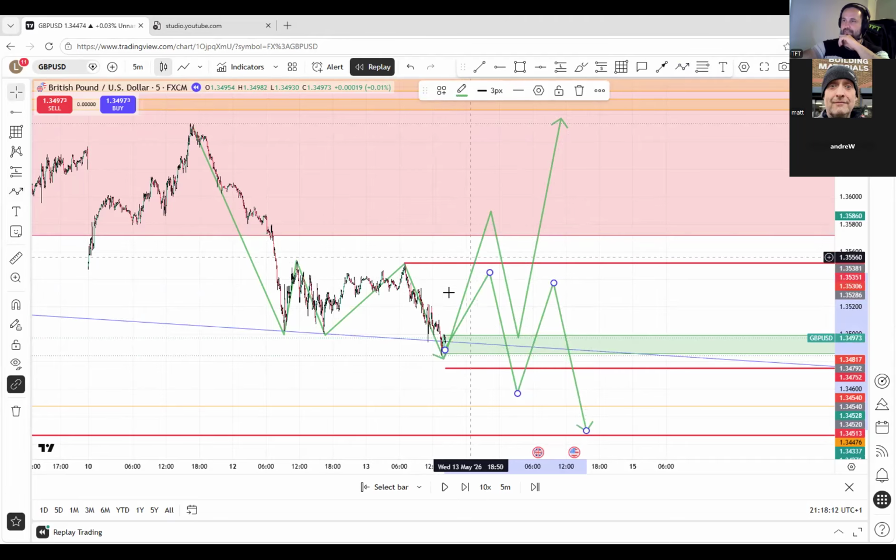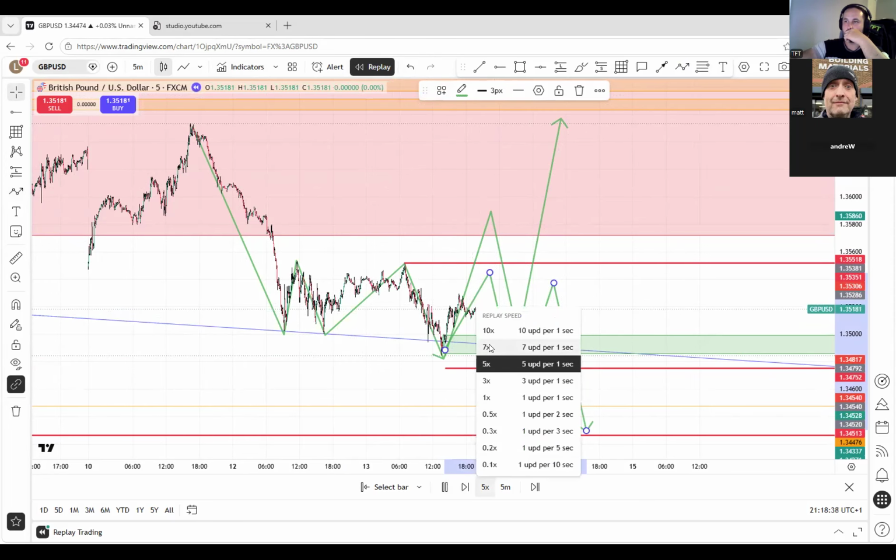What it does afterwards, between this high and low, confirms the direction. So I'm assuming that's the low for now. If it's not, I'll move it along. Speed that up as well, actually.